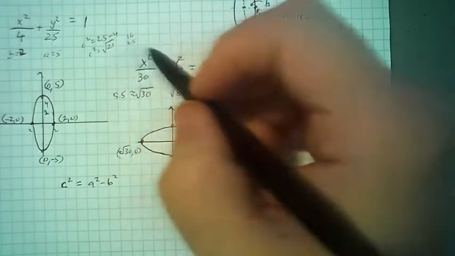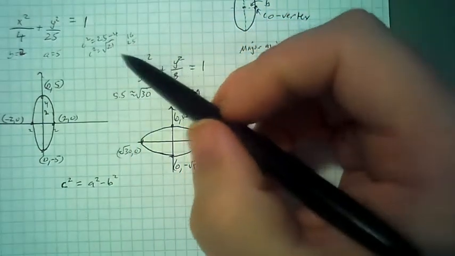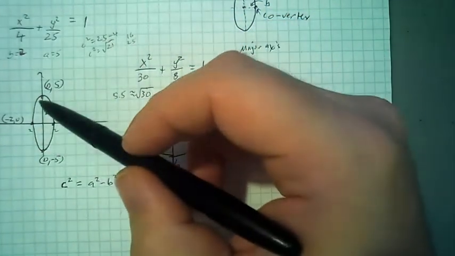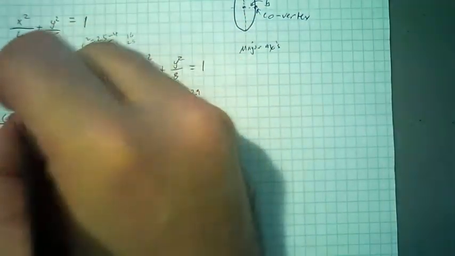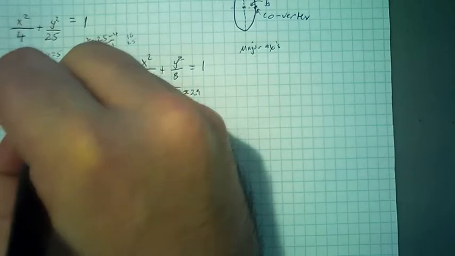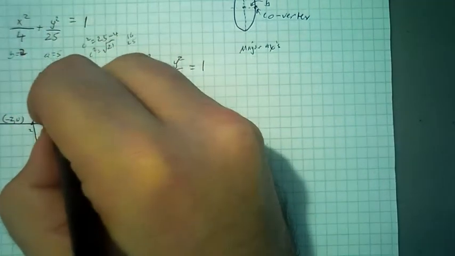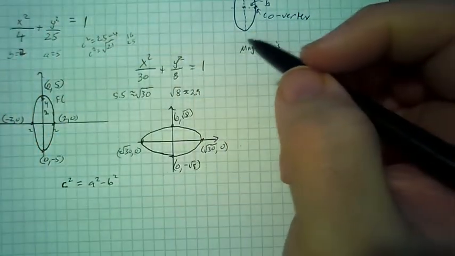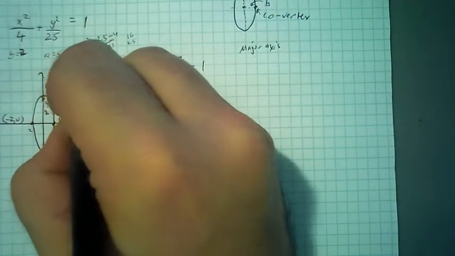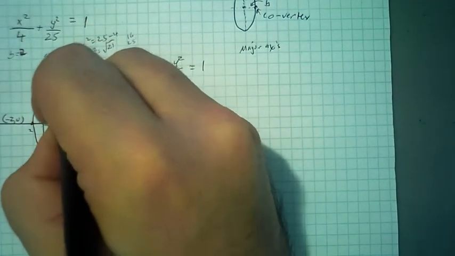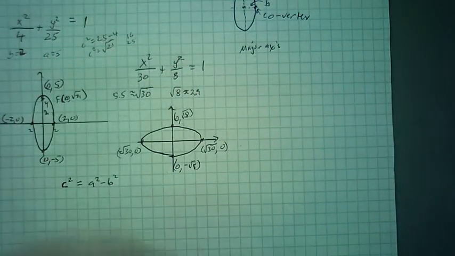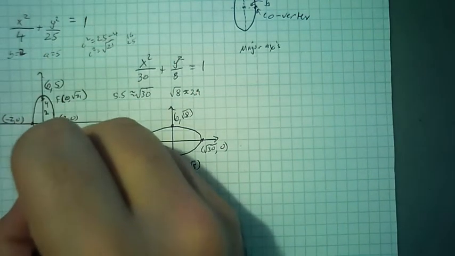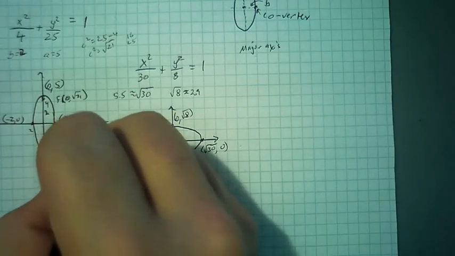So it's closer to 5 than it is to 4. And that is not unusual for ellipses. This ellipse is pretty elongated, so the focus is going to be really close up here to the vertex. The focus is at 0, square root of 21, which is quite close to 5. And the other focus is at 0, negative square root of 21.